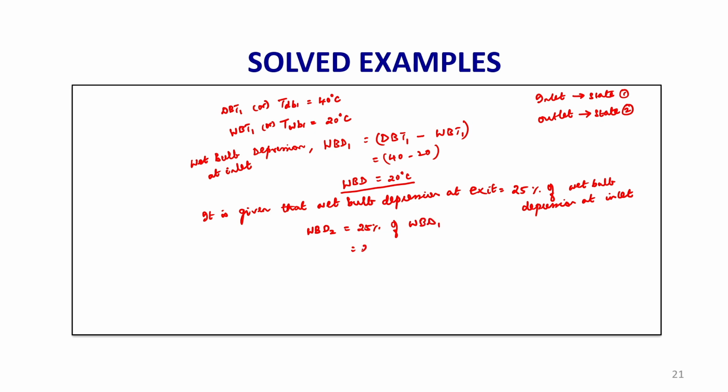So, this is equal to 25 by 100 into the wet bulb depression at inlet, which is 0.25 into the wet bulb depression at inlet. For the given dry bulb temperature 40 degree minus wet bulb temperature 20 degree, so 40 minus 20, this is 20. So, this is 1/4 of 20, which is equal to 5 degree wet bulb depression.